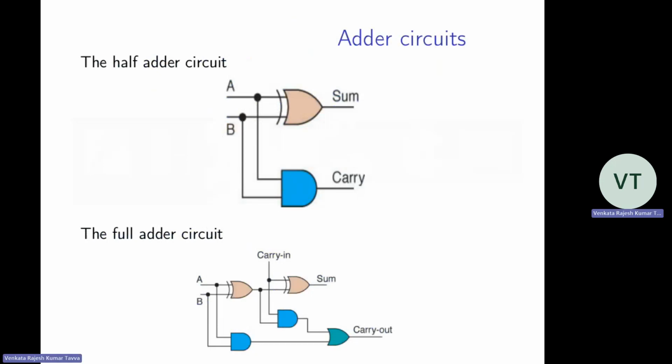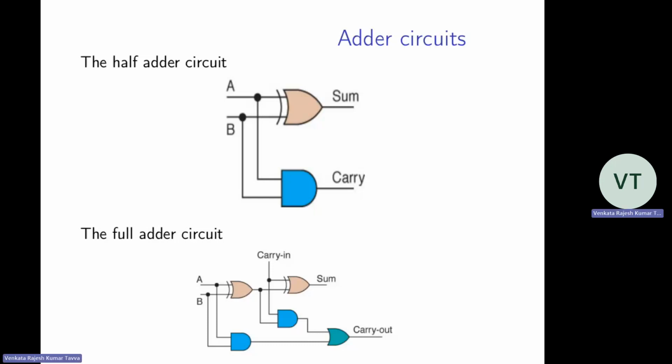That's okay, but why do we need this? Why do we need full adder? No, no, not subtraction. I mean, the figure itself has the answer also. Yeah. To add carry bit also, right?